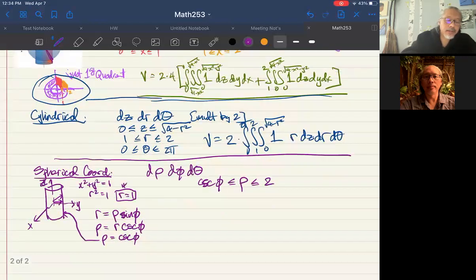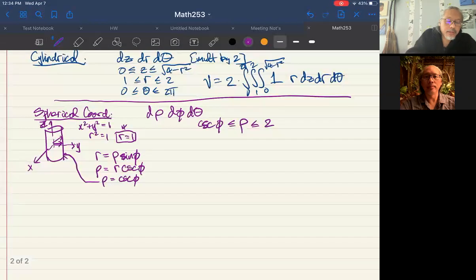And so the intersection of those two would be when x squared plus y squared is equal to 1, and x squared plus y squared plus z squared is equal to 4. And so if I replace this with 1 and then subtract, I get z squared is equal to 3.